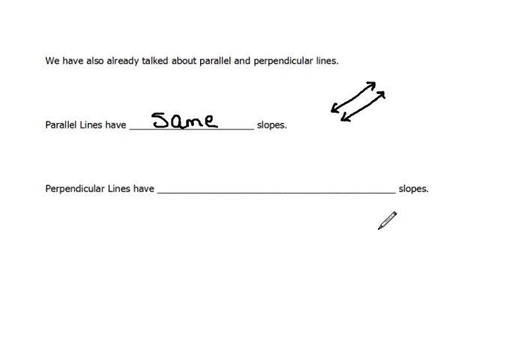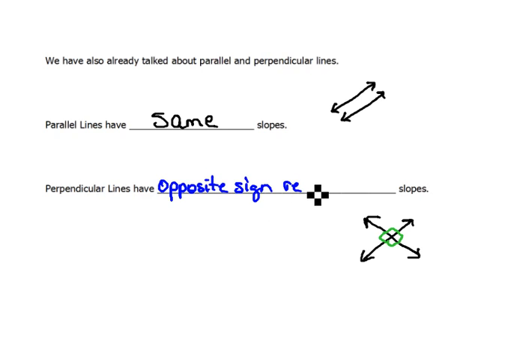Now, perpendicular lines are lines that intersect in such a manner that they have 90-degree angles. That's where those lines meet, creating 90-degree angles. If you'll remember, they have opposite sign reciprocal slopes.